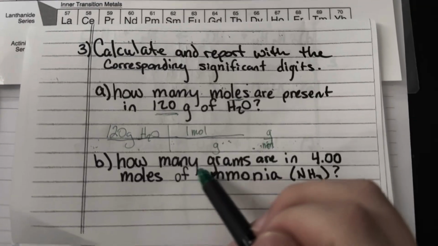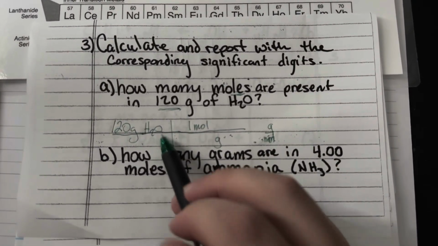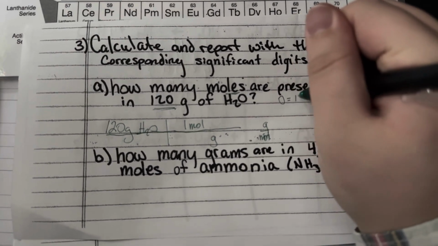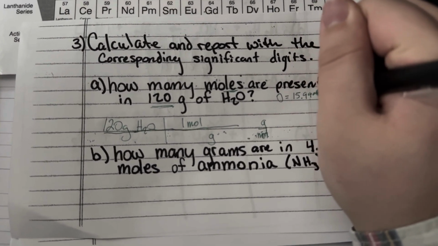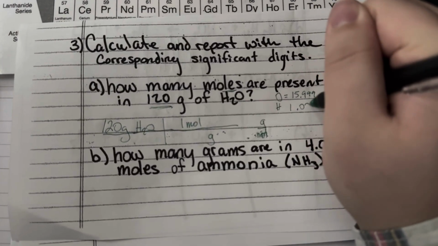Now, to figure out how many grams are in 1 mole of this substance, water, we have to find out the molar mass. We know oxygen equals 15.999. We know hydrogen is 1.008.